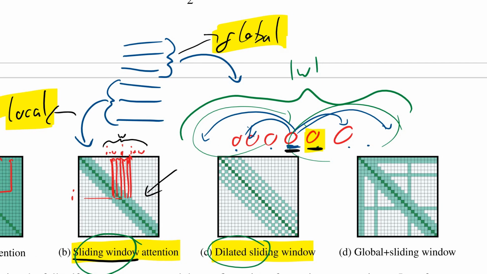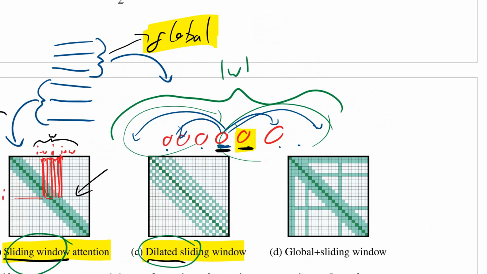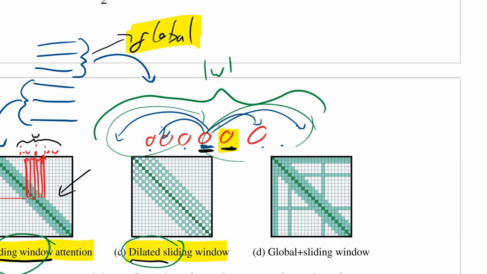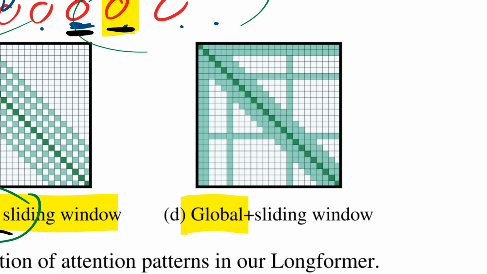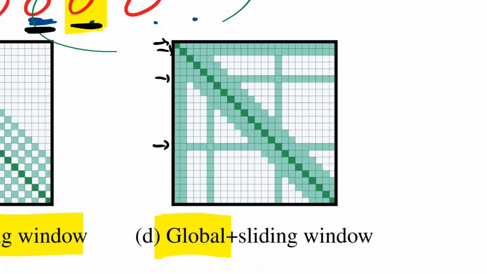And the last idea here in the Longformer is what they call global attention. And this global attention is sparse. What it means is that there are some special units here, and this unit. And these special units, as you can see from the attention pattern, can actually attend to everything.